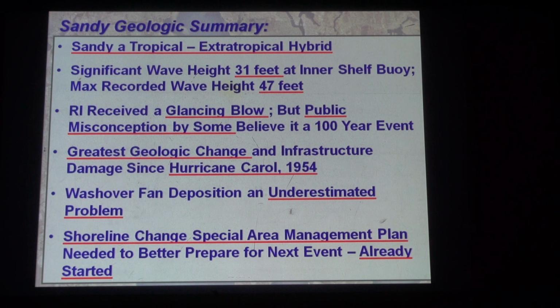Significant wave height is the height of the highest 1/3 of the waves during any 20-minute period. It's 31 feet. The max recorded wave height of the raw data was 47 feet. Now this is what was thought, as David already pointed out: these are 1938 hurricane-sized waves. There were no buoys then to measure that, but that's what it was thought to be.